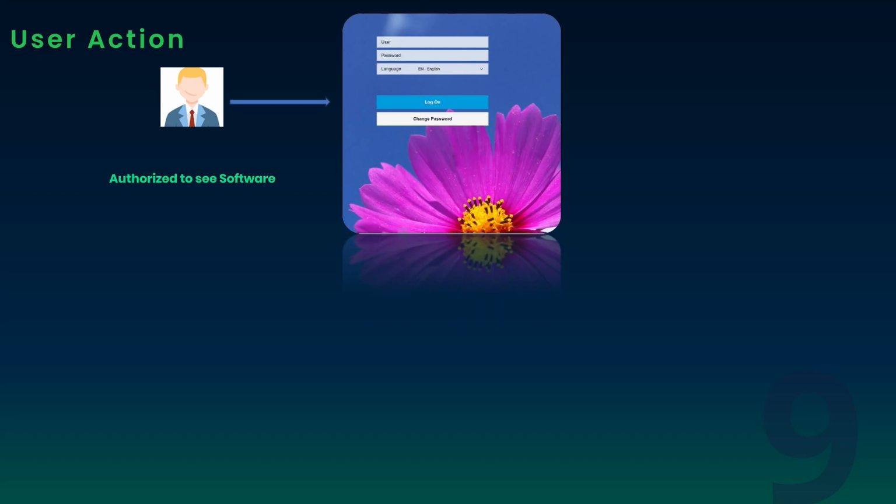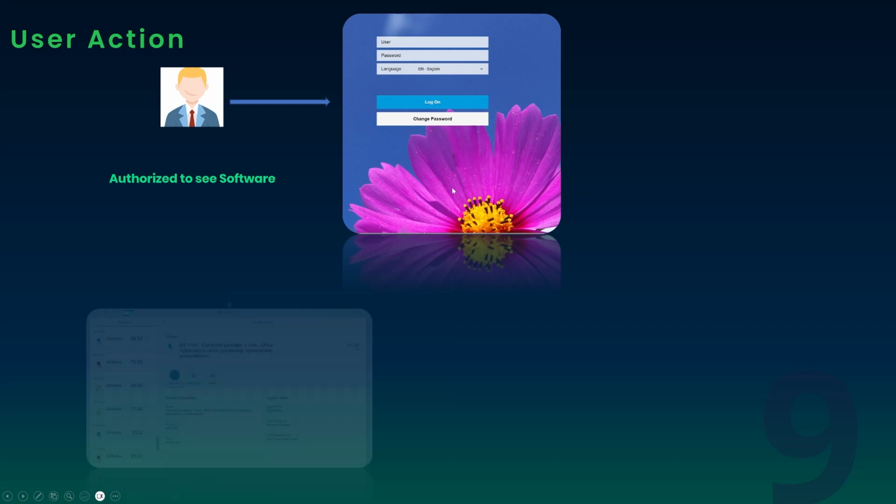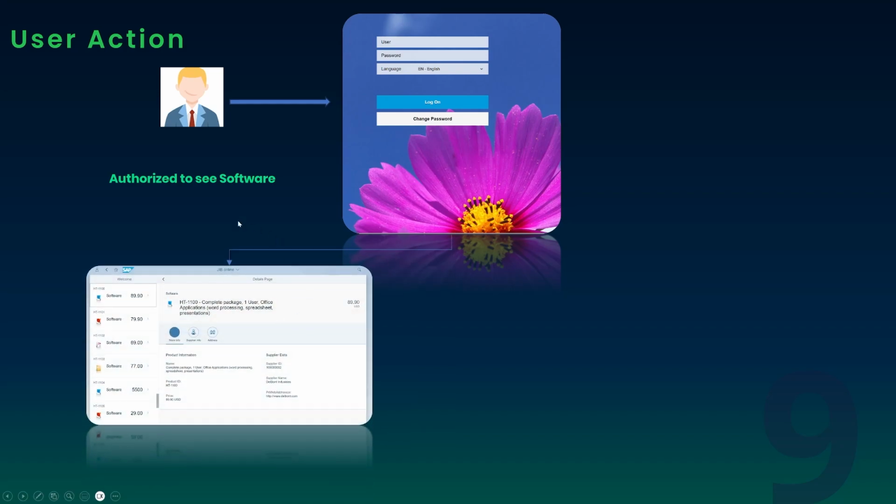For example, there is one user who is authorized only to see the software category. Whenever he logs in, as per the use case, he needs to log in using the Fiori Launchpad. He will get that screen, and after that he will log in and he will see only the software category related products. He cannot see other applications.